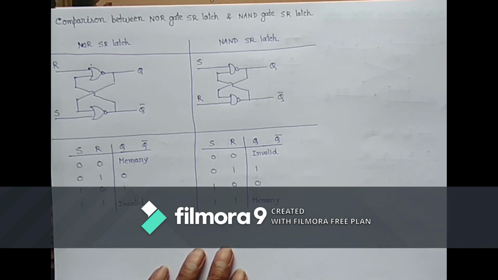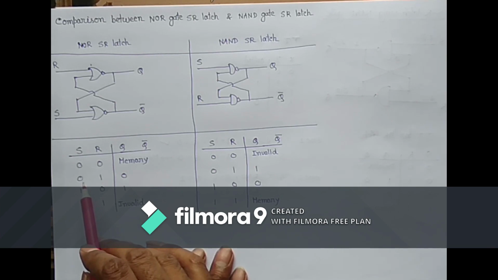So what is the difference? For NOR gate 0 0 acts as memory, but here 0 0 acts as invalid. For NOR gate, 1 1 acts as invalid, but here 1 1 acts as memory.